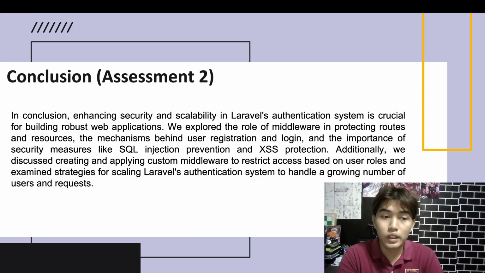Additionally, we discussed creating and applying custom middleware to restrict access based on user roles and examined strategies for scaling Laravel's authentication system to handle a growing number of users and requests. And let's head to the next assessment.